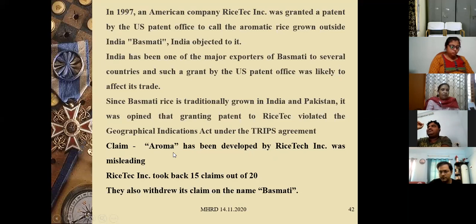That variety of rice has the typical aroma because of the genes involved, and it is natural. Ultimately we won, and Rice Tech took back 15 claims out of 20, and also withdrew its claim on the name Basmati for that rice variety.